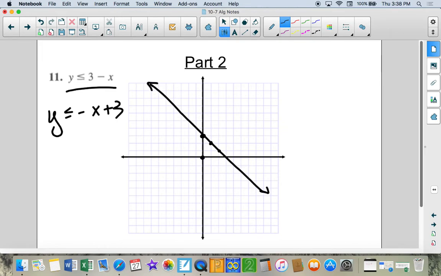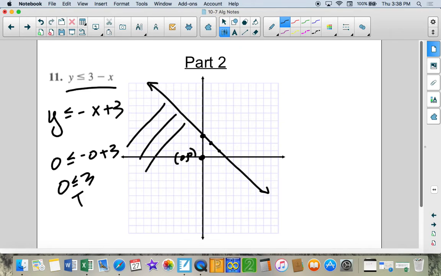I'm going to test the point 0, 0. It's going to be my test. Is 0 less than or equal to negative 0 plus 3? Is 0 less than 3? That's true. So this point is true right here. So I know that every point on that side is true, and I'm always going to shade the true side.